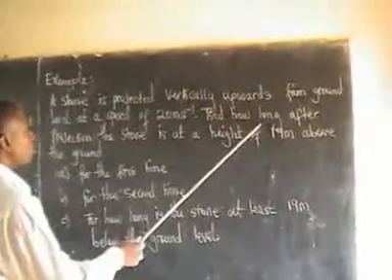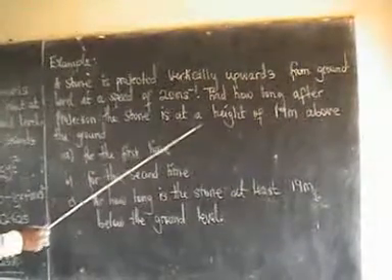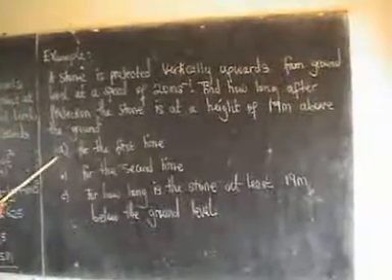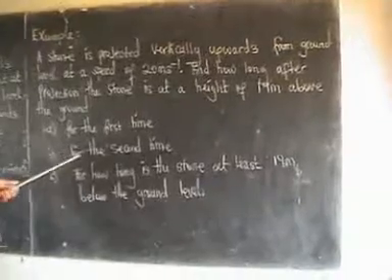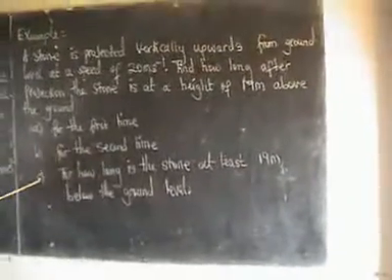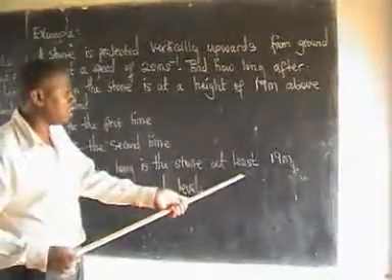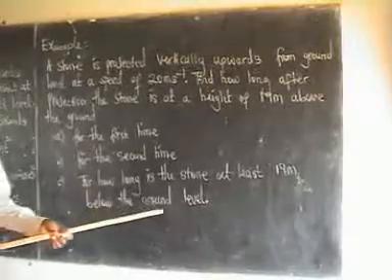Find how long after projection the stone is at a height of 19 meters above the ground. Part A for the first time, part B for the second time, part C for how long the stone is at least 19 meters above the ground level.